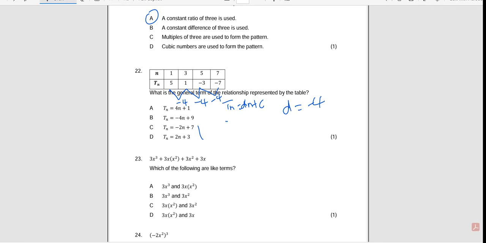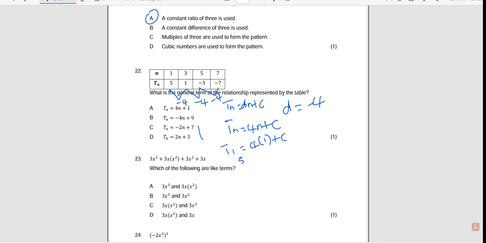Then now we need to look for C. Tn is equal to -4n plus C. We're going to use the T1 rule. My T1 is 5.